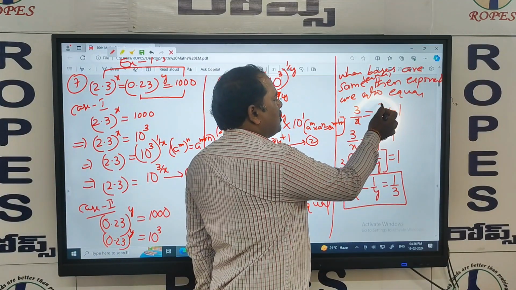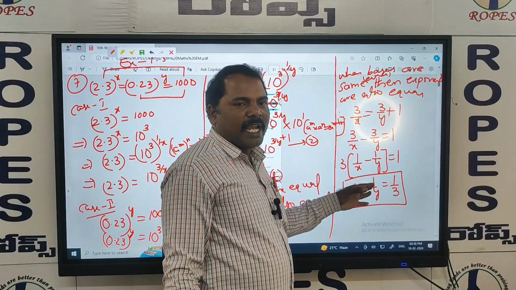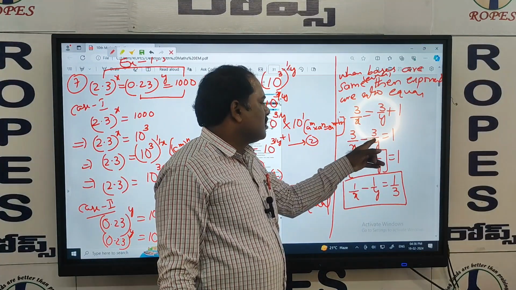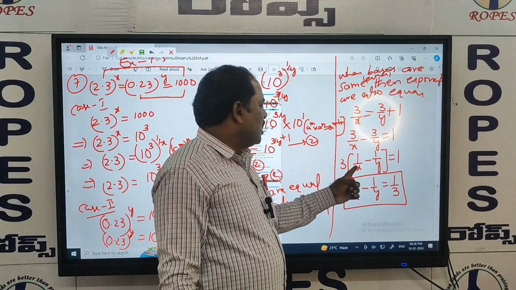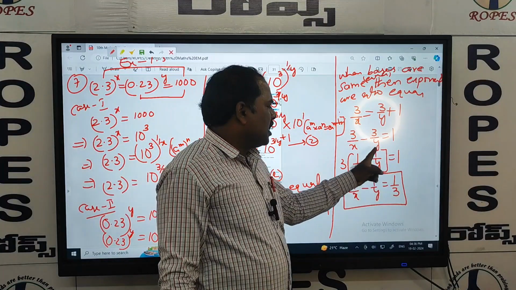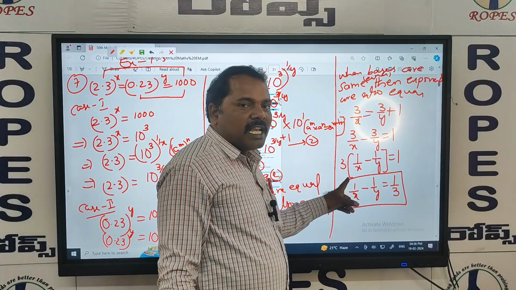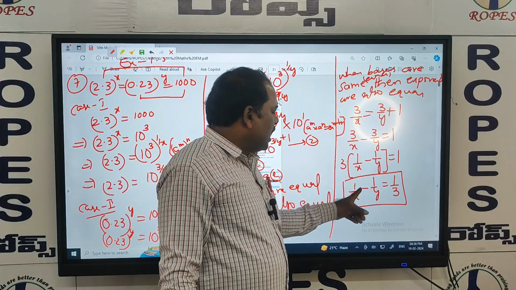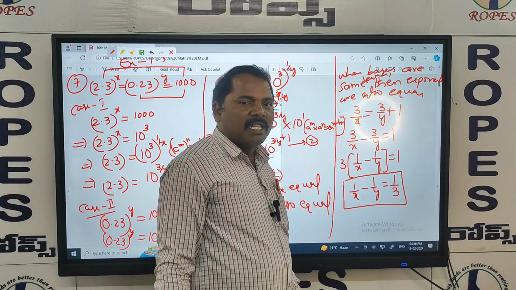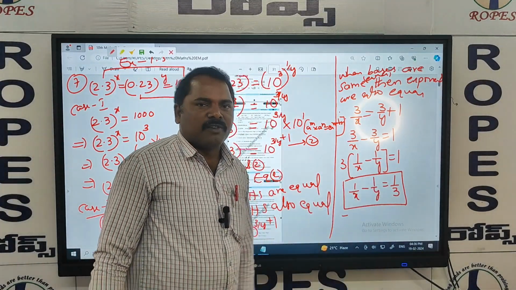Here in the RHS, 3/y is plus; if it comes to the LHS, then minus 3/y. In both terms 3 is common, so 3 into (1/x - 1/y). Here 3 is multiplying on the LHS; if it goes to the RHS, it will be divided. Then 1/x - 1/y = 1/3. This is the value of 1/x - 1/y.